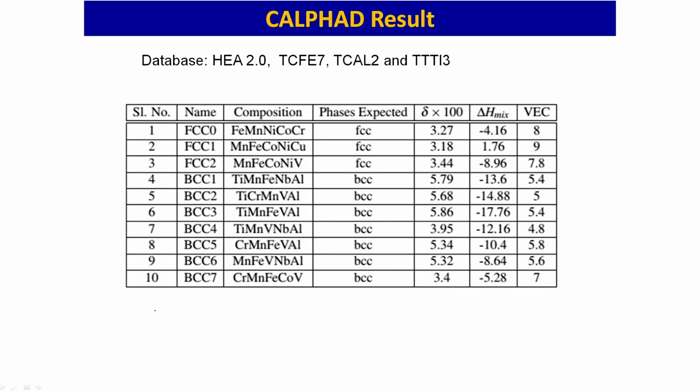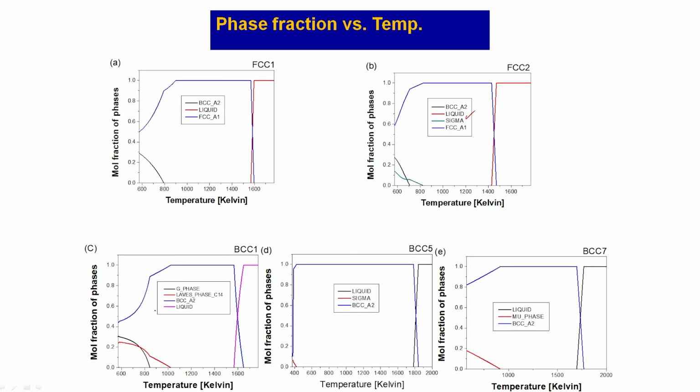We can even go for multi-component systems like 5 component systems, forming FCC and BCC solutions, and after calculation we plot phase diagrams like this, mole fraction of the phases versus temperature. Here you have only 3 phases, liquid and 2 solid phases. Here you have more than 4 phases. Depending on the number of phases, you can plot it for each of the phases and look at the relative stability.